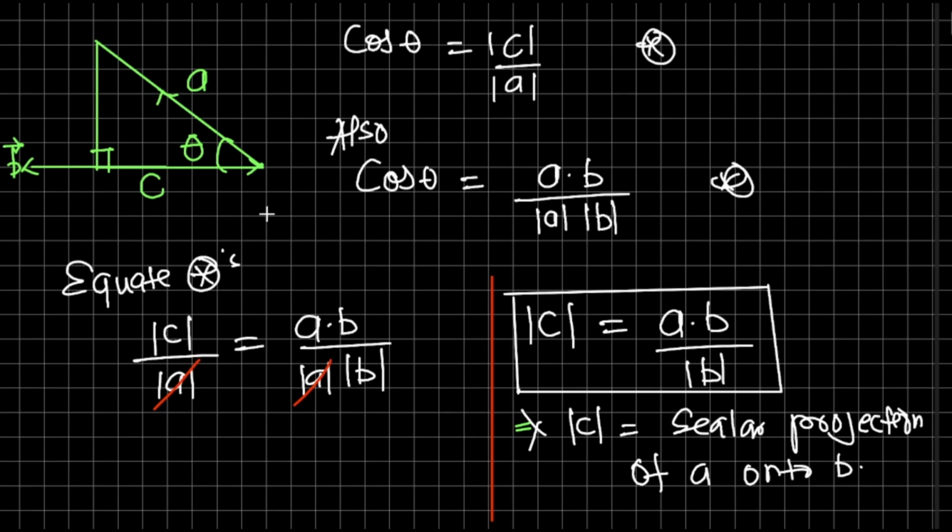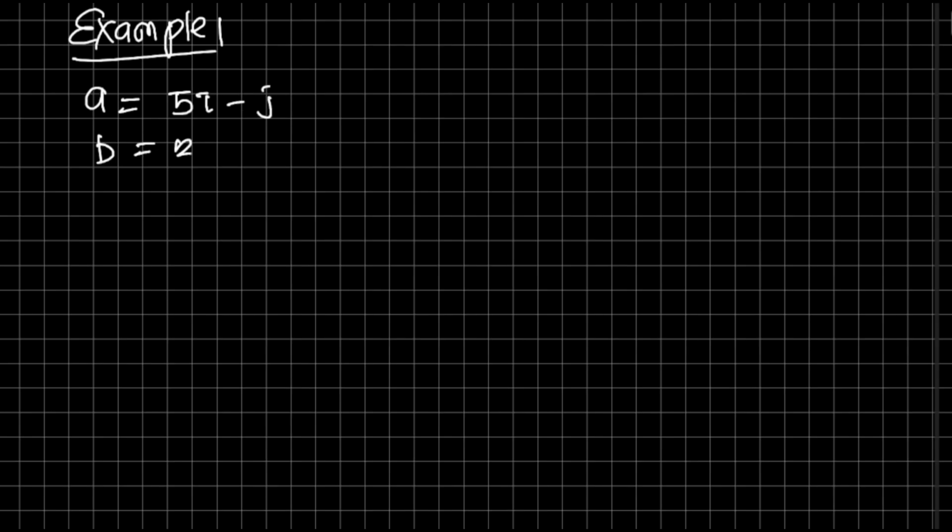So let's look at examples. Example 1. Consider the vectors A equals 5i minus j and B equals 3i plus 4j.